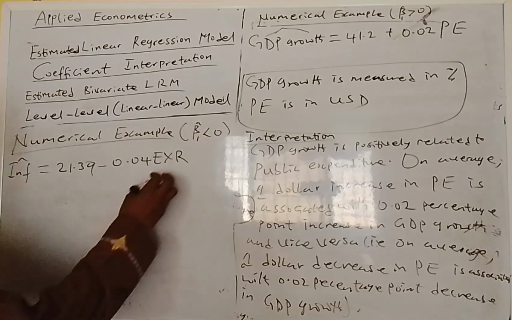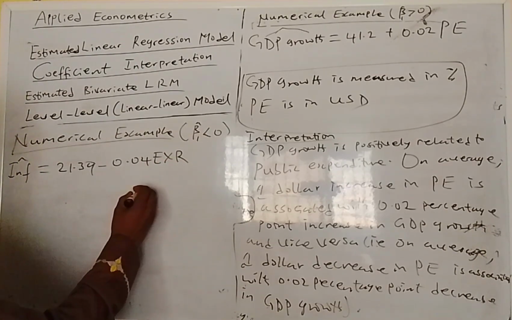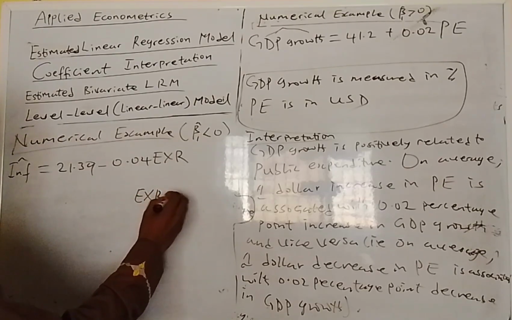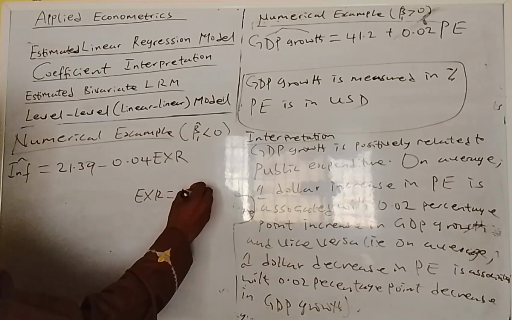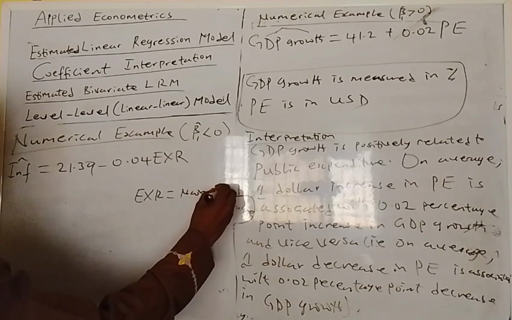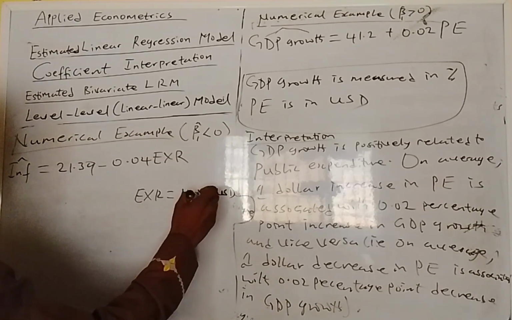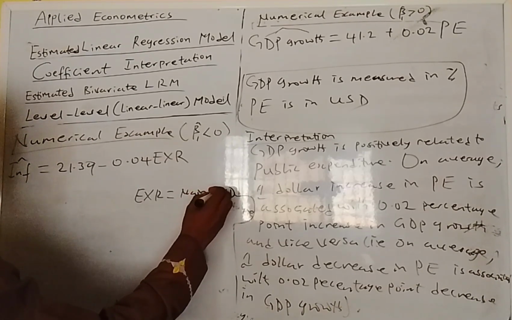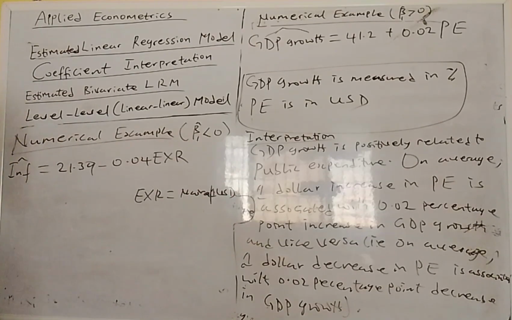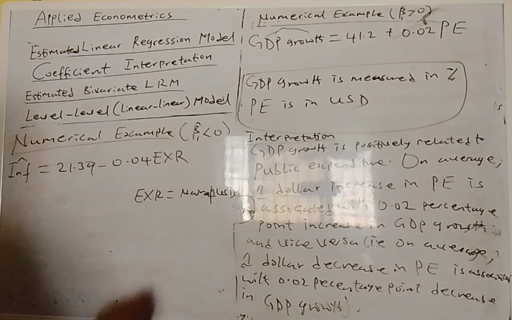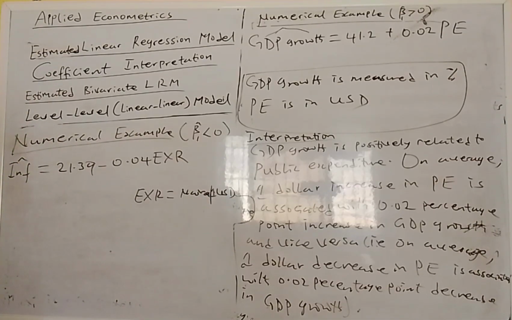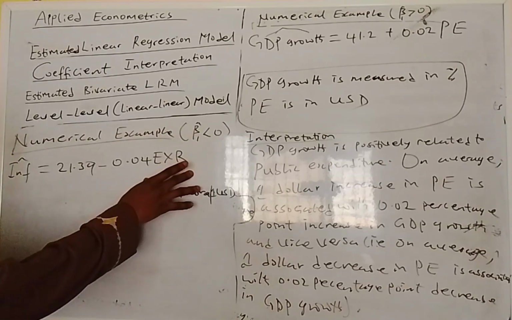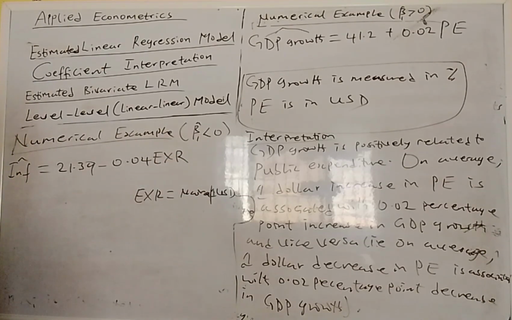Say for instance, the exchange rate here is Naira to USD: how many Naira are required to have 1 USD? If inflation is measured in percentage, but this is not, how do we interpret this?